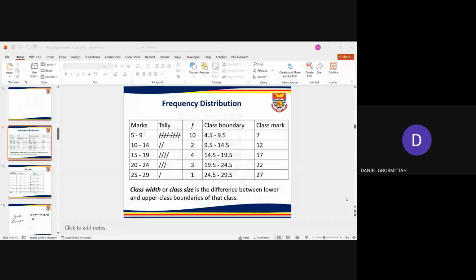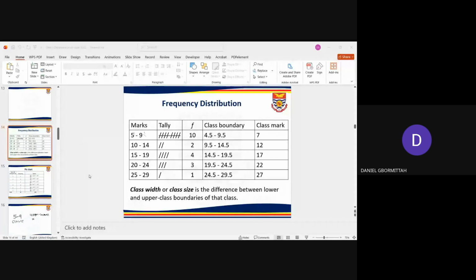So why will you go and find the class boundary before you find the average, when you can straight away find the average of the upper class limit and the lower class limit? Are you getting it? Yes, sir. So even though you get the same thing, I will not suggest that you tell your student that it is a long way. Okay, sir. Thank you.